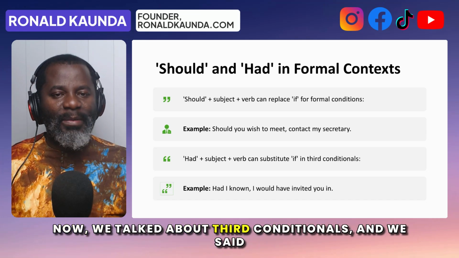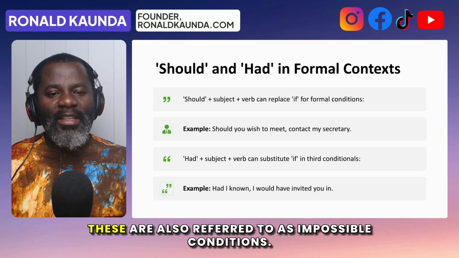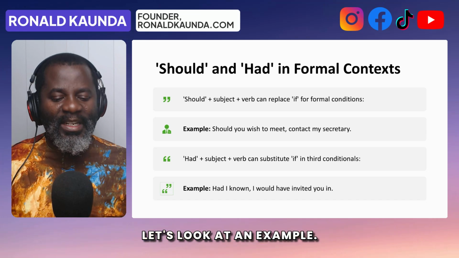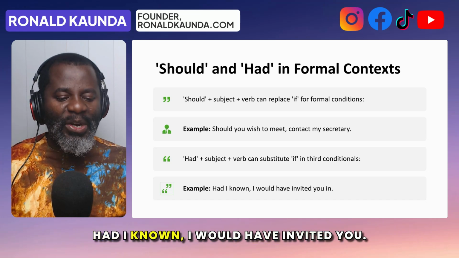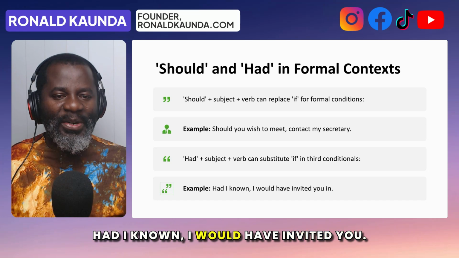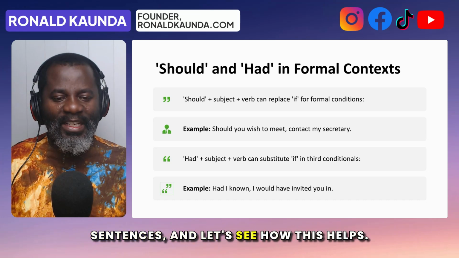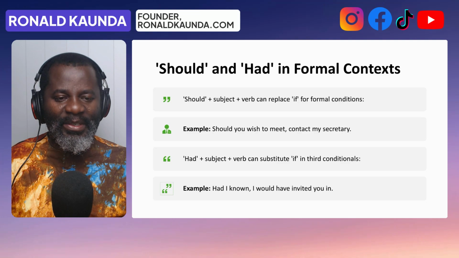We talked about third conditionals and said these are also referred to as impossible conditions. Let's look at an example. Had I known, I would have invited you. So go on and make your own sentences and let's see how this helps.